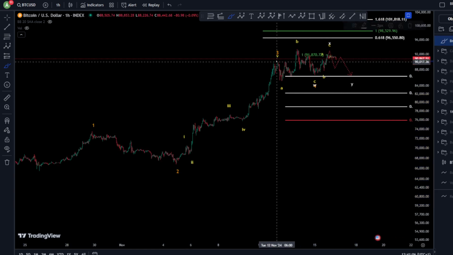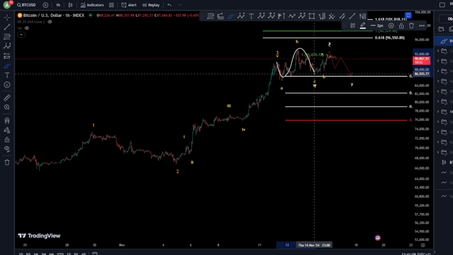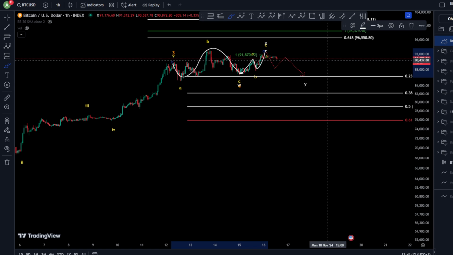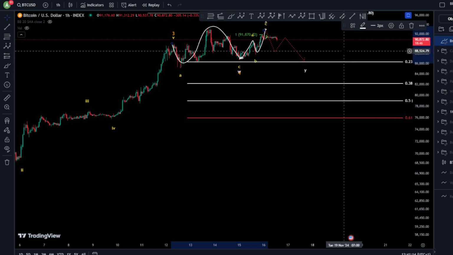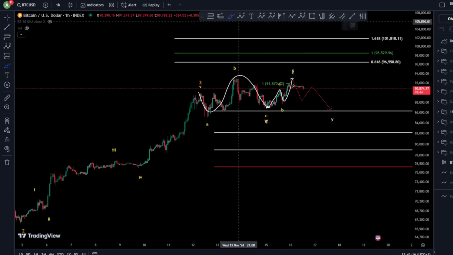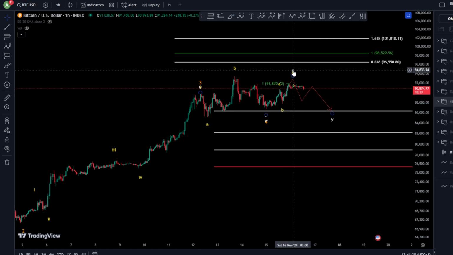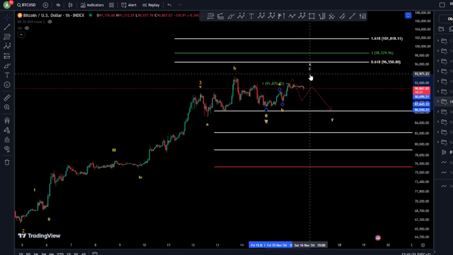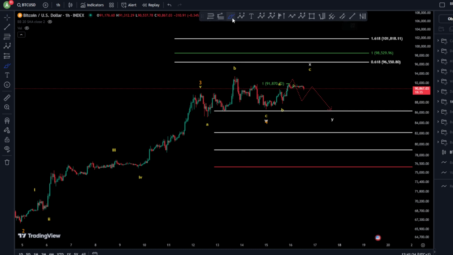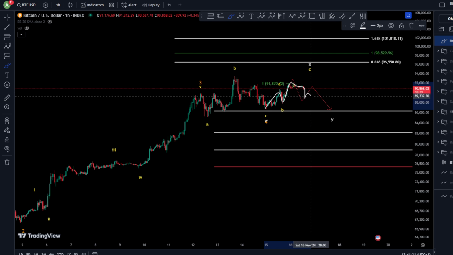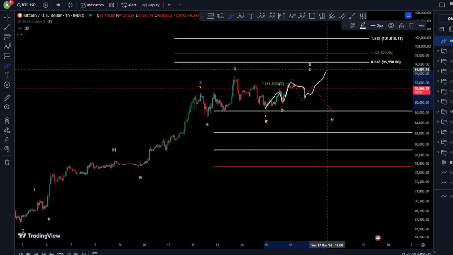So it can be, as we said, a WXY quite possibly, because yesterday we saw the X by hitting the 1-to-1 fib level in a zigzag, and possibly this is only a part of the X. Maybe the X could extend even a little bit more, and then have just 3 waves, and then 3 waves down, and then 5 waves up.